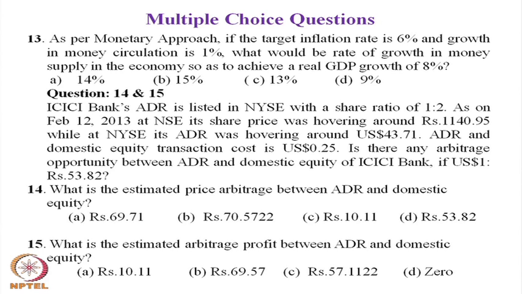A. rupees 69.71, B. rupees 70.5722, C. rupees 10.11, D. rupees 53.82. Mark the answer, keep it with you.